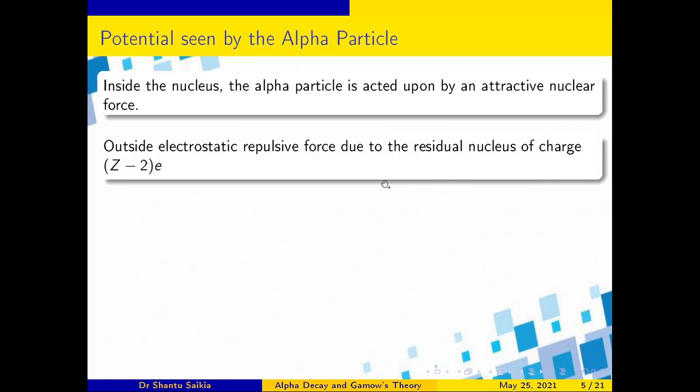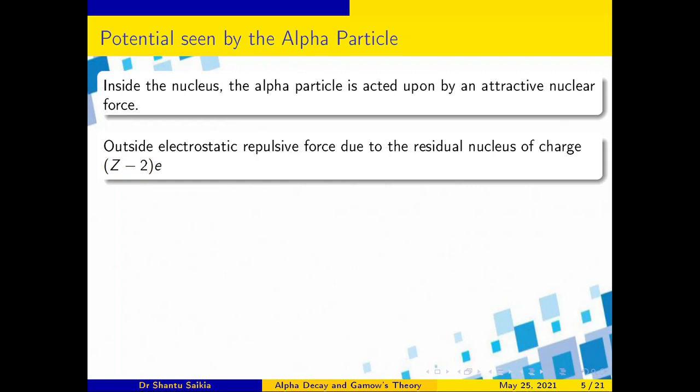Outside, suppose somehow it comes out of the nucleus. Once the alpha particle comes out, the atomic number of the nucleus reduces by 2. So the residual nucleus will have a charge of (Z-2)e. The residual nucleus also is positively charged.